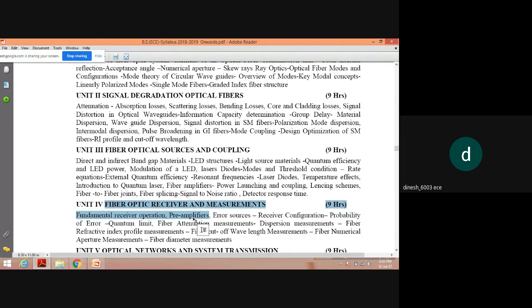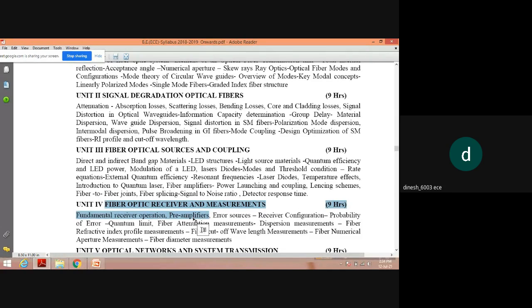then the measurement of attenuation, which we had seen in unit number 2, what are the techniques used for measuring attenuation, for measuring dispersion, how to measure refractive index, or how to find the refractive index of an optical fiber, how to find the cutoff wavelength of an optical fiber, how to determine the numerical aperture of a cable which is given, and then how to do the fiber diameter measurements.